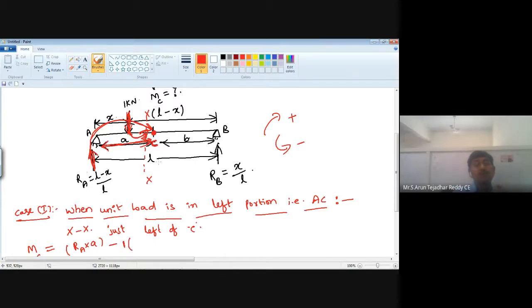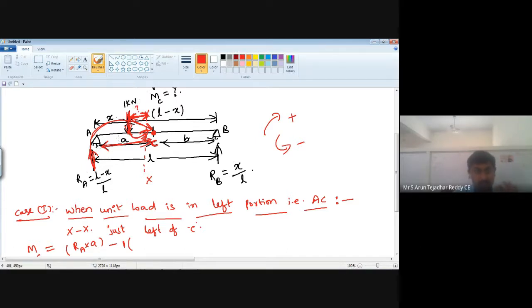And what about the perpendicular distance here? I need the perpendicular distance from the load up to section XX. Can anyone tell me the answer? What is the perpendicular distance here? I need only this distance.